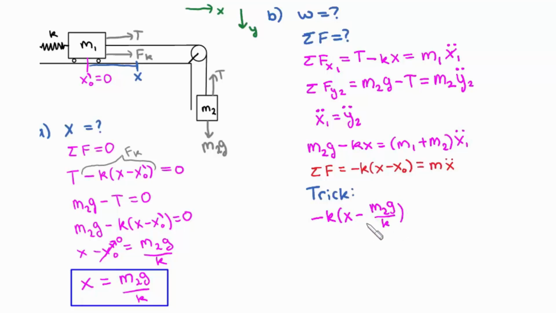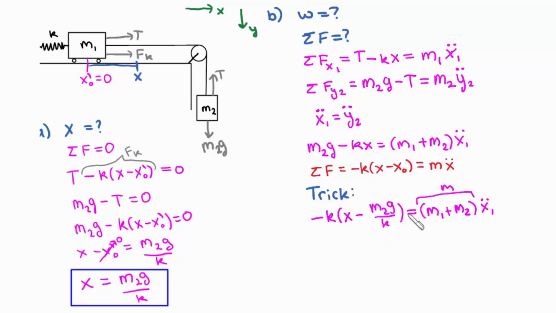If you open up this bracket, you'll get this exact thing. Then this is going to be equal to my m1 plus my m2 multiplied by my x1 double dot. And this is obviously just my m over here from this equation.